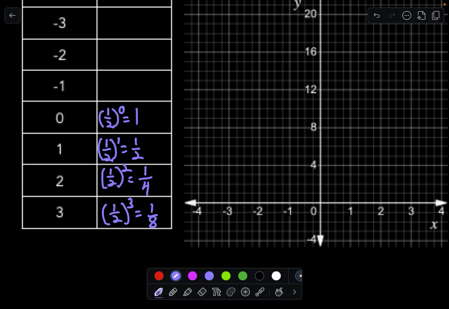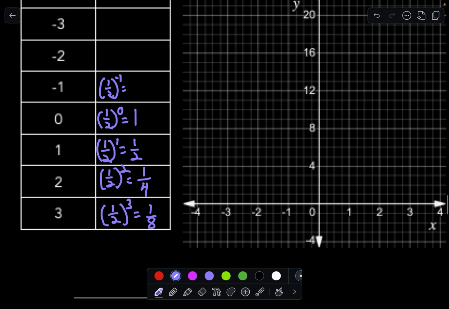Now, if we go in the negative direction, you get 1/2 to the -1. Remember, the base wants to move. So the 2 goes upstairs and the 1 goes downstairs. That's the same thing as saying 2 to the first, which is 2. The negative exponent means we have to take the base and take its reciprocal.